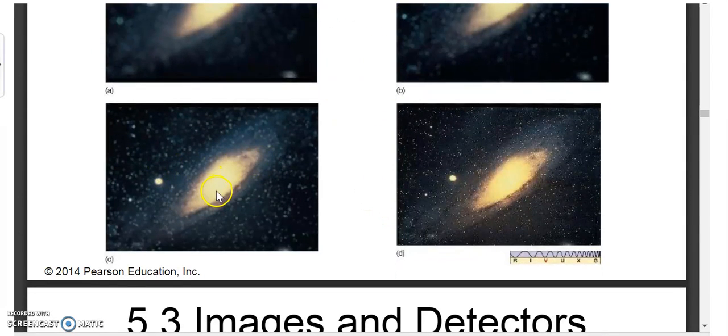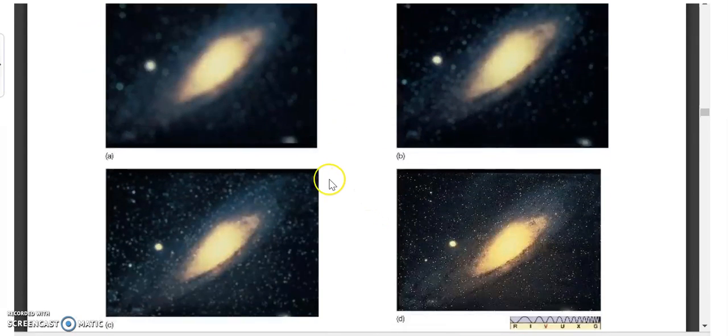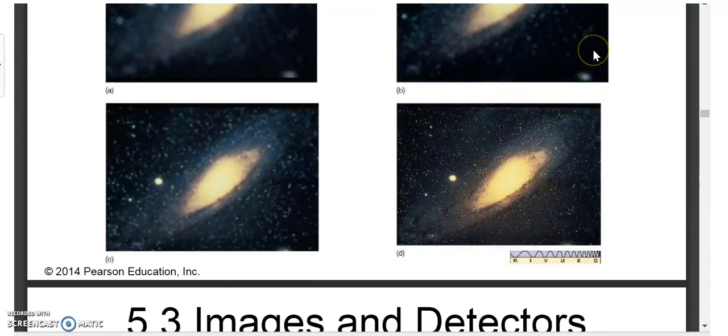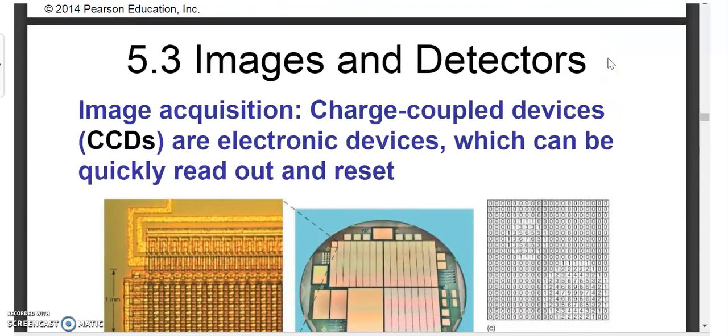So this is at 5 arc seconds, and then 1 arc second. With modern telescopes, the kind that you find on mountaintops, we can actually resolve to really tiny fractions of an arc second, like micro arc seconds is really what I meant to say.